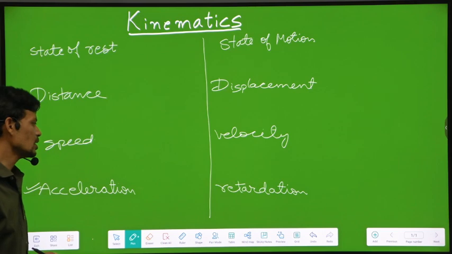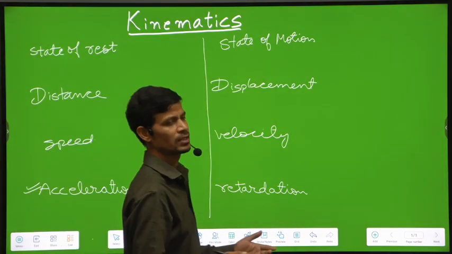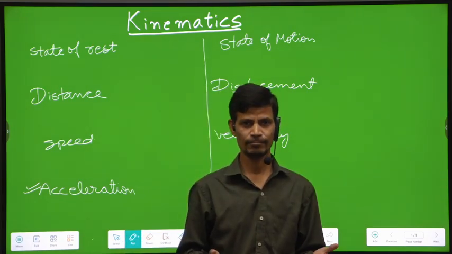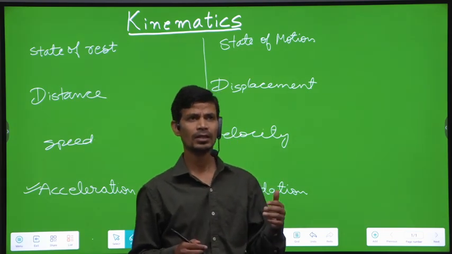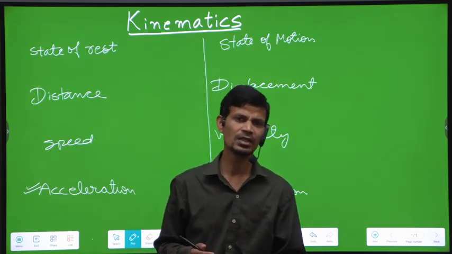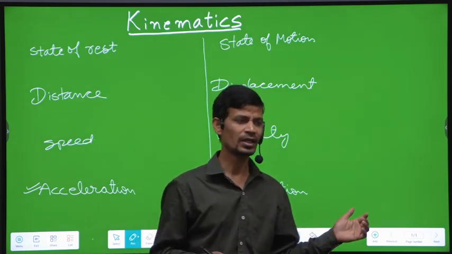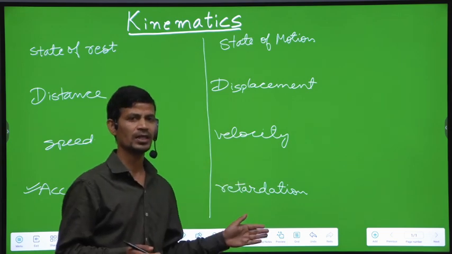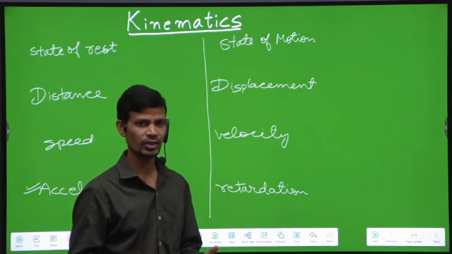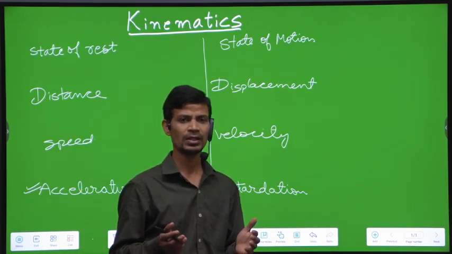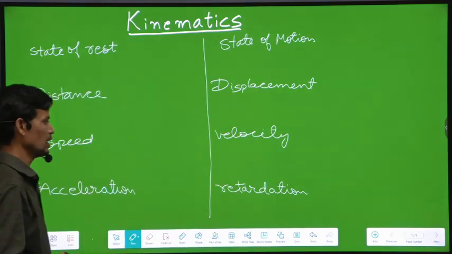So acceleration is the rate of change of velocity, and retardation is just negative acceleration. Generally, retardation is used in cases where velocity is decreasing, but the acceleration term can be widely used. If the retardation term is given in the question, we have to consider it as negative acceleration. Nothing more than that, nothing less than that.